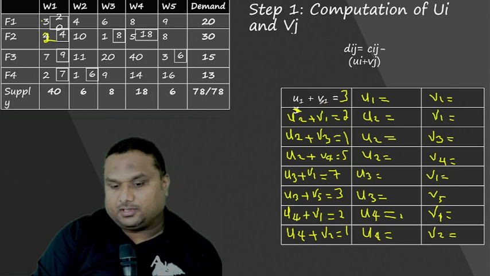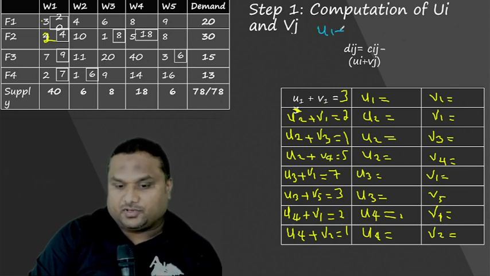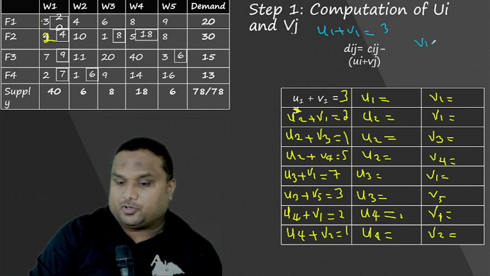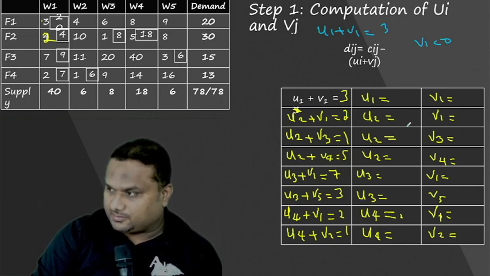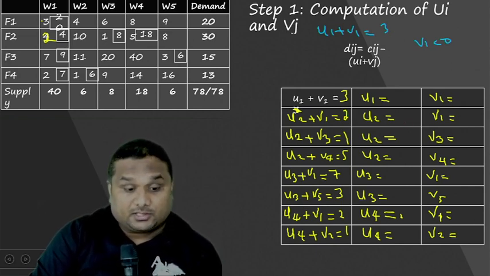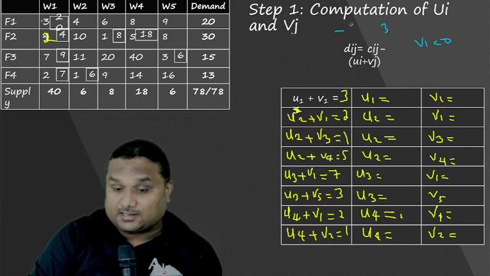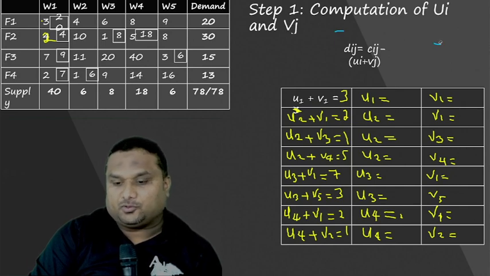For example, the first equation is U1 plus V1 equal to 3. You will put V1 equal to 0, then U1 is equal to 3. Substitute U1 equal to 3 into the next equation and you will get another value. That is the rule followed, but we need to get the answer fast, so we have to use our own techniques.